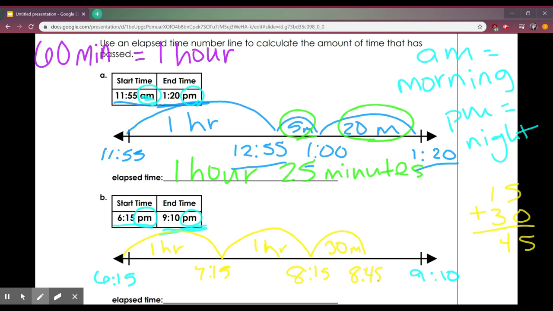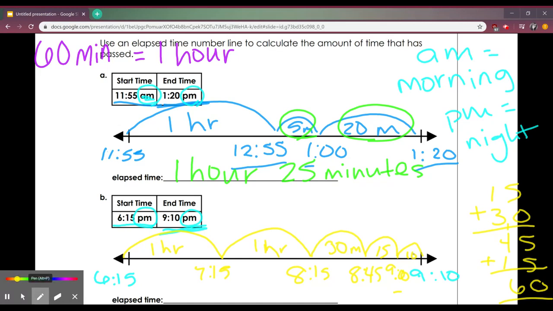I'll do a 15-minute jump. So I'll do 45 plus 15. That'll give me 60. Now I can't put 8:60, so I know that means that it's 9 o'clock. Now I'm very close. If I'm at 9 o'clock and I'm trying to get to 9:10, I just need to add 10 minutes.